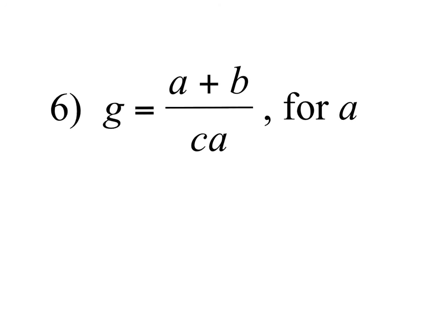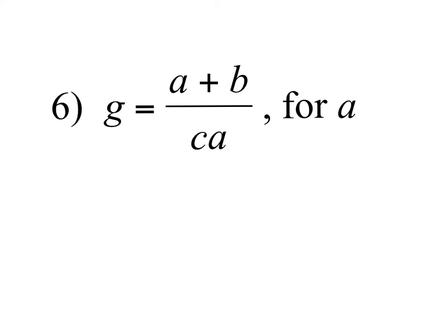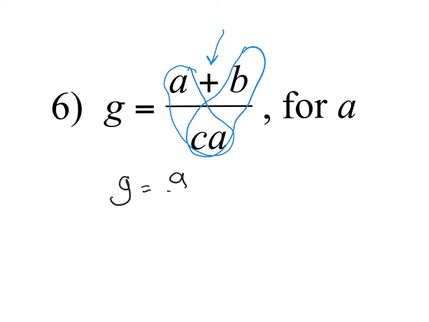Okay, let's look at this one. Oh boy, this one's a little bit tougher. Here's what I'm going to do first. Since there's a plus sign on the top, we can actually divide this as this plus this, right? Because the plus sign means we can just break that parenthesis up. So we're going to go G equals A over CA plus B over CA. And the only reason I'm doing that is because you probably noticed right away we got an A on the top and an A on the bottom.